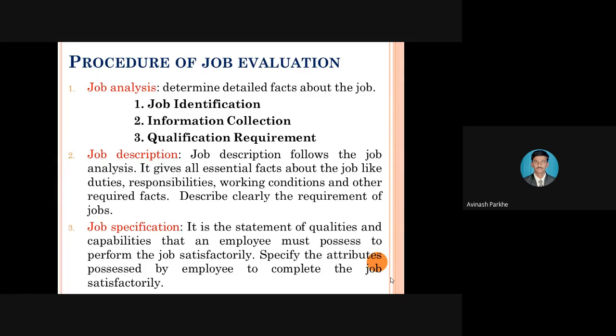Therefore, the qualities, capabilities, and other factors like education, experience, physical effort, and responsibility of the operator are all considered under job specification. So this is the third step related to job evaluation.